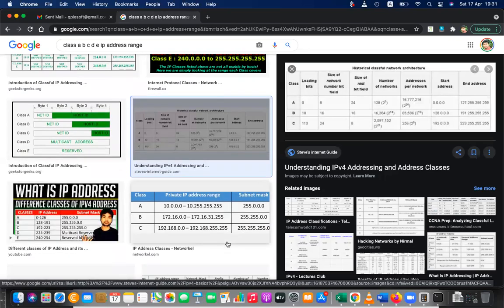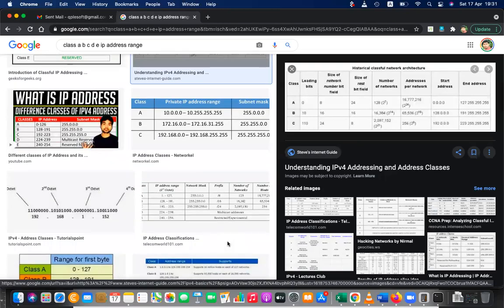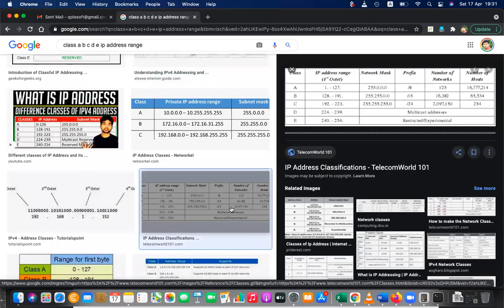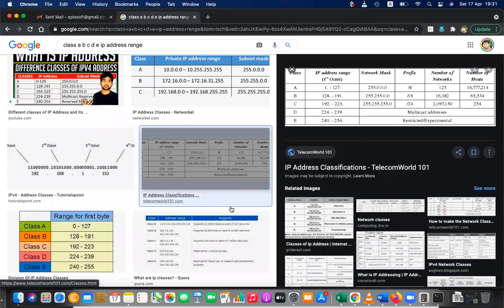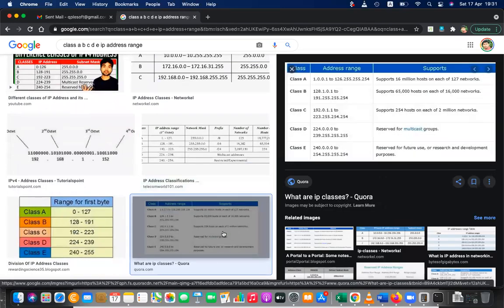No. Okay, here, this shows the practical range. The address range is 1.0.0.1 to 126. That is the practical range.